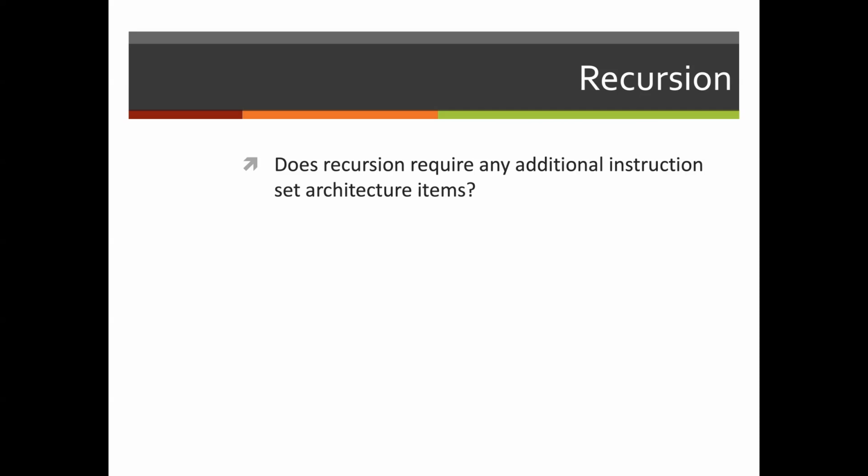So these are just multiple procedures that are occurring in a recursive manner, and therefore it is appropriately supported by our activation record. And so this means that we don't need any additional modifications in order to fully support recursion within our instruction set architecture.